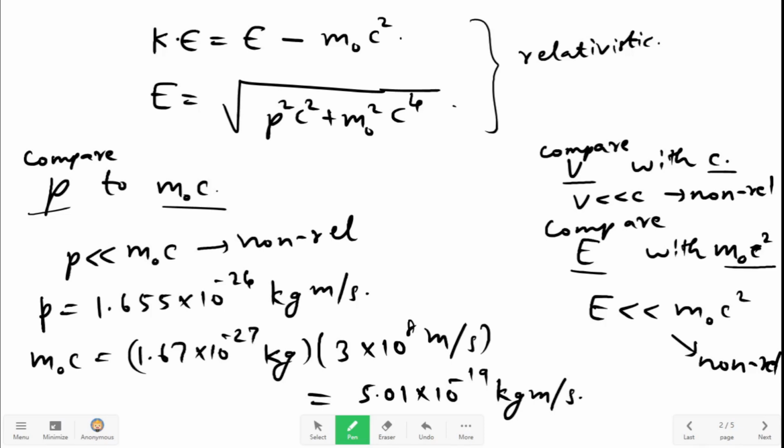You can see that 1.655 into 10 raised to minus 24 kilogram meter per second is very much less than 5.01 into 10 raised to minus 19 kilogram meter per second. Therefore, this is a non-relativistic case.